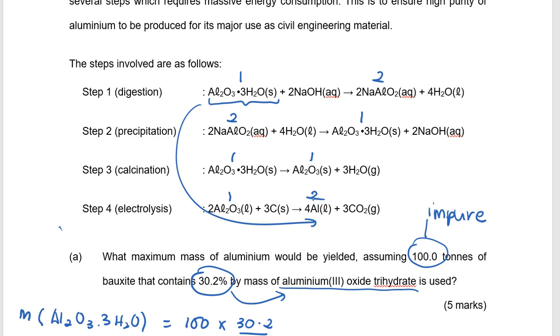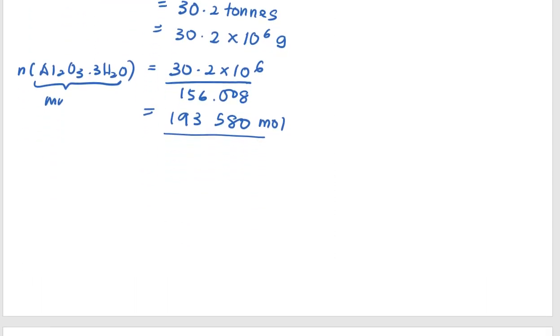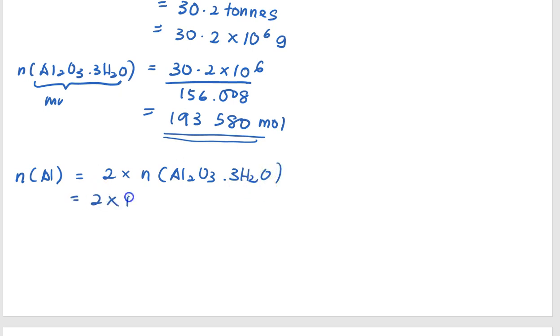Now that you have identified that, that is if I have 1 mole. So what if I have this number of moles? All I have to do is multiply by 2. So the number of moles of aluminium would be 2 times the number of moles of aluminium oxide trihydrate. So 2 times 193,580.